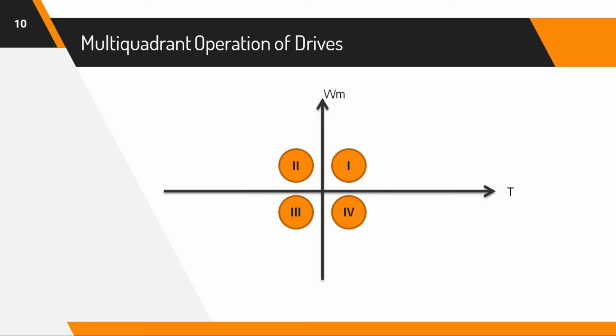For loads with up and down motion, the speed of the motor which causes upward motion is considered forward motion. What is meant by that?